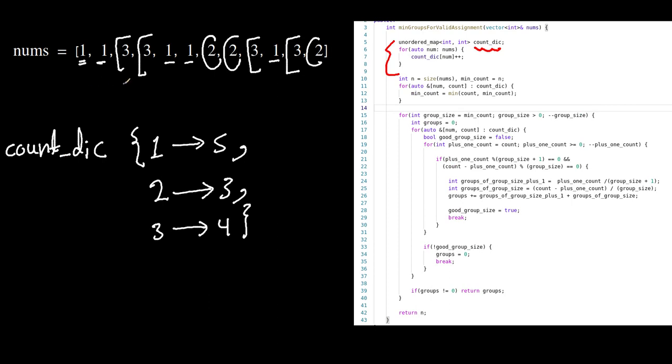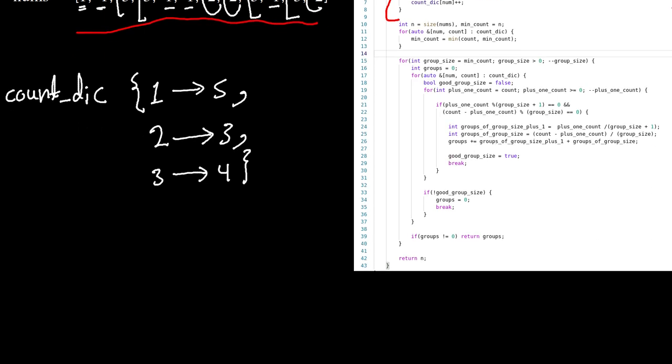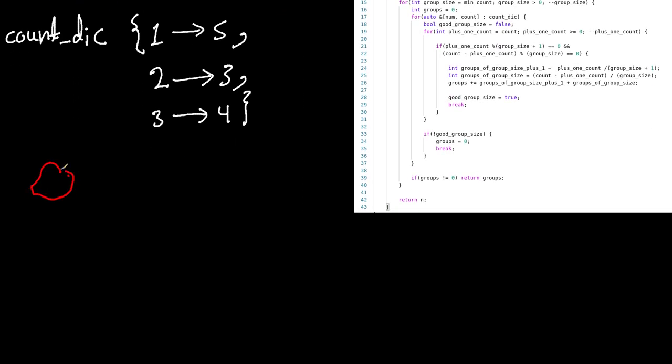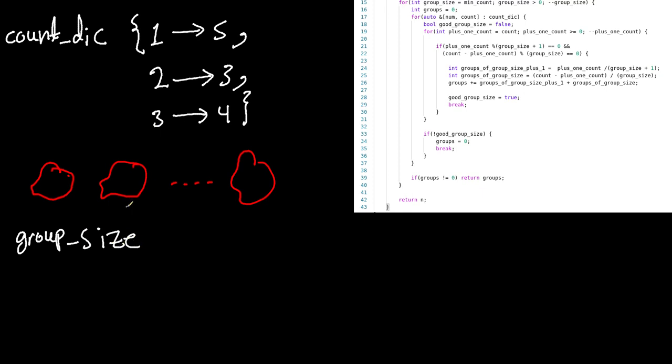Now because we are going to divide these numbers in the array into groups, assume the group size is group size, then each of these groups should have size equal to group size or group size plus 1.